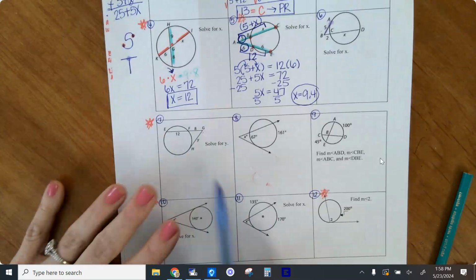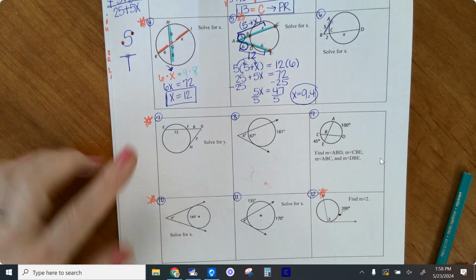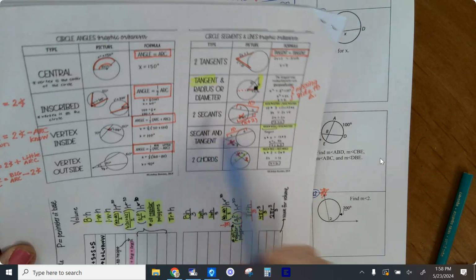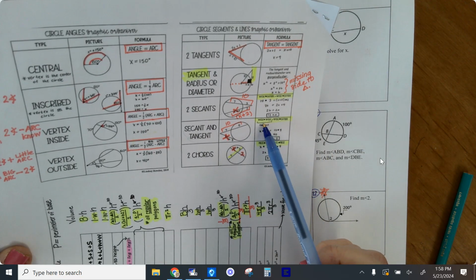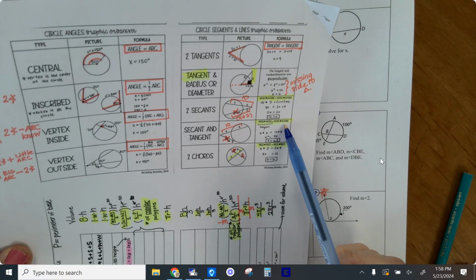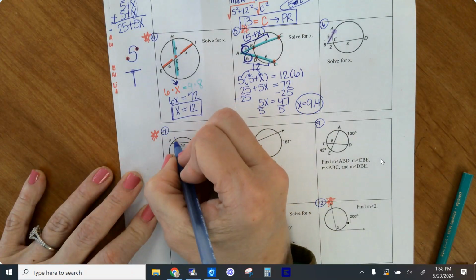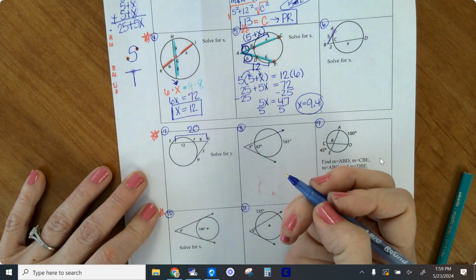All right, number 7. This one is a secant and a tangent. That is whole times whole, which is your tangent side, and whole times outer, which is your secant side. So the entire secant is 20, 12 plus 8.